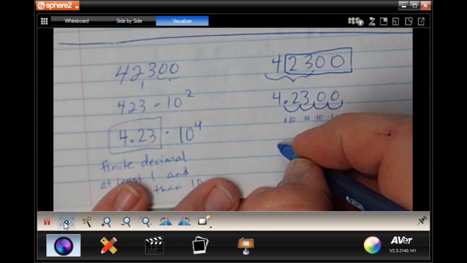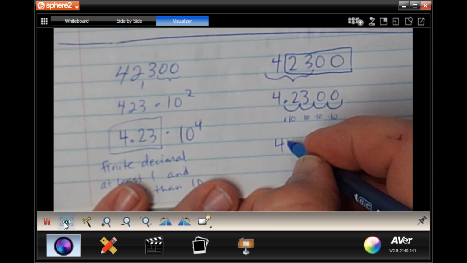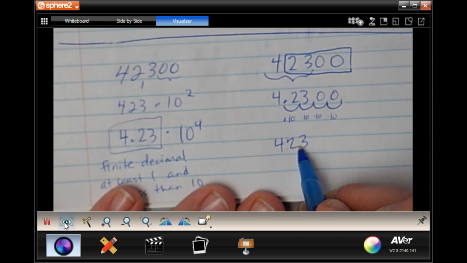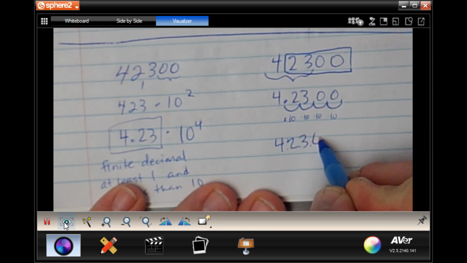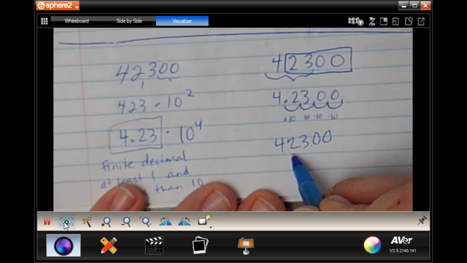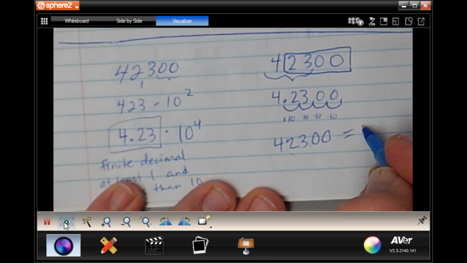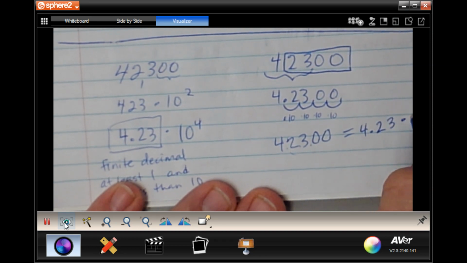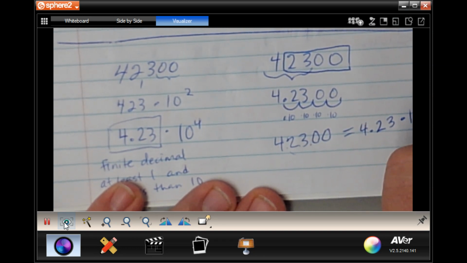So we get 42,300, right? So here's 4 and 23 hundredths times 10 is going to make it 42 and 3 tenths, times 10 is 423, times 10 more, times 10 more. And we get our place values. So what this is equal to, in that long roundabout way, is 4 and 23 hundredths times 10 to the fourth power.